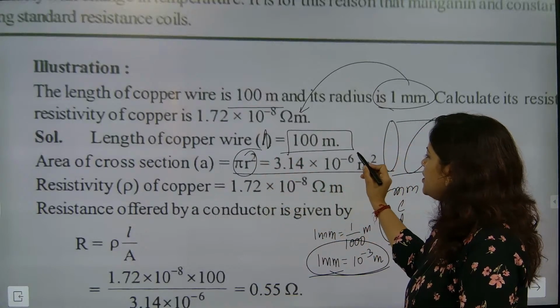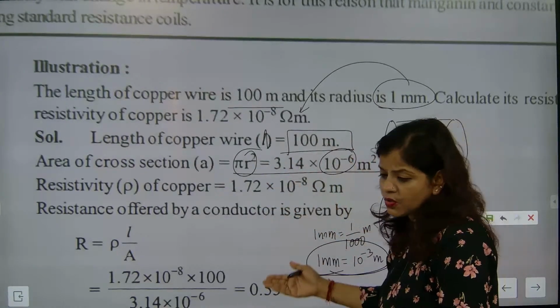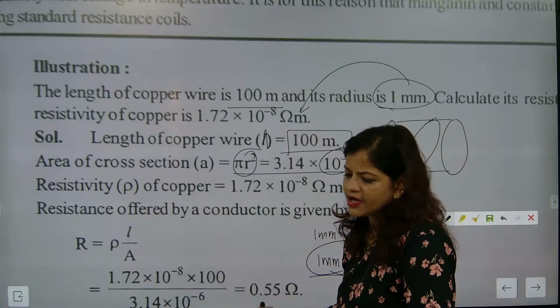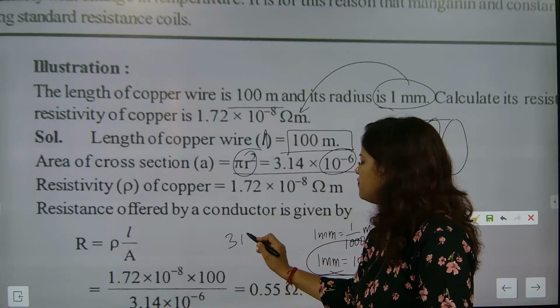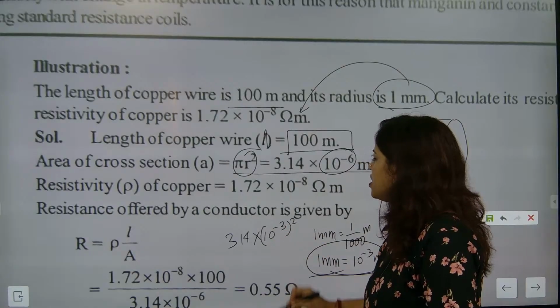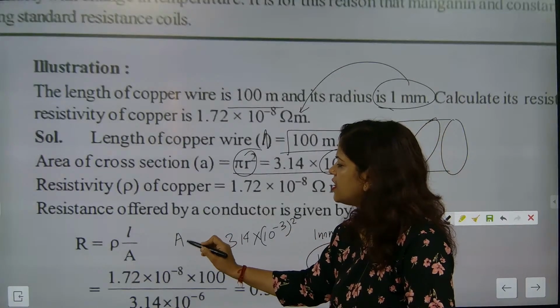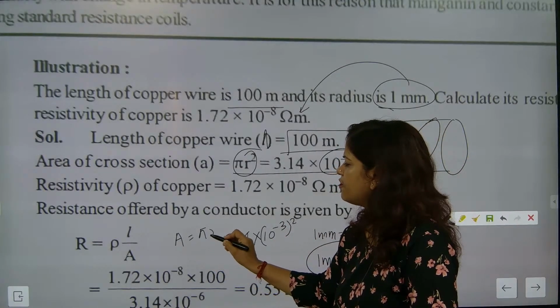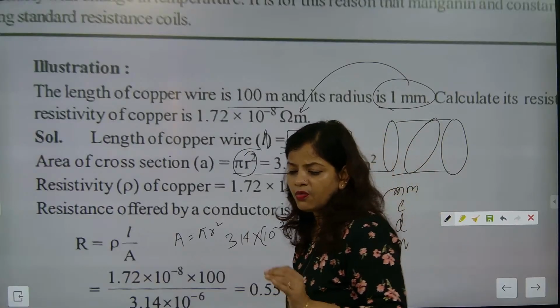So you see, 10 to the power minus 3, r square will be there. Then it will become (3.14 into 10 to the power minus 3) whole square, because the formula of area is pi r square. And what is pi?